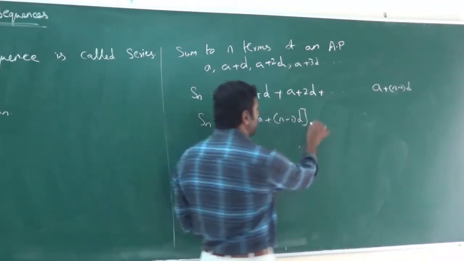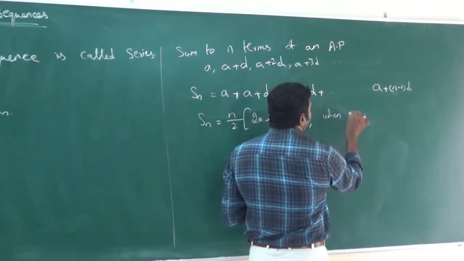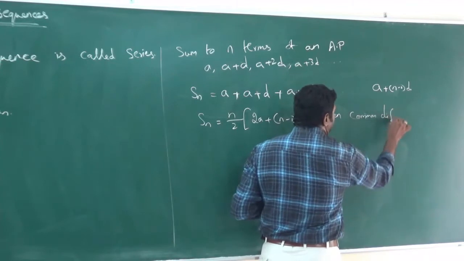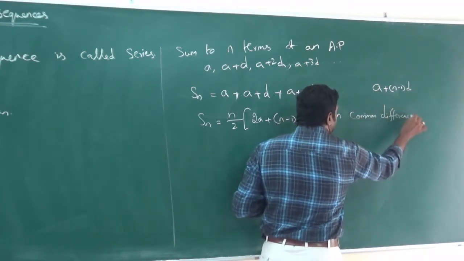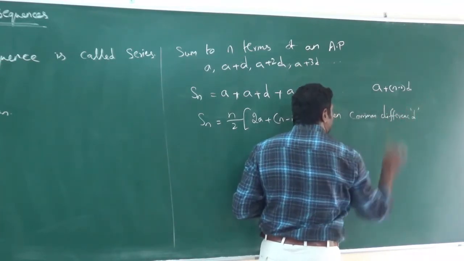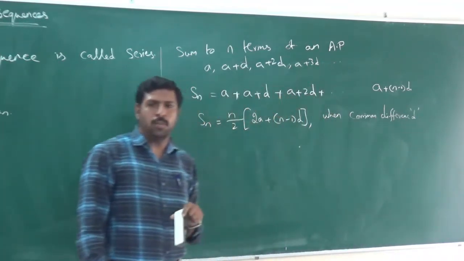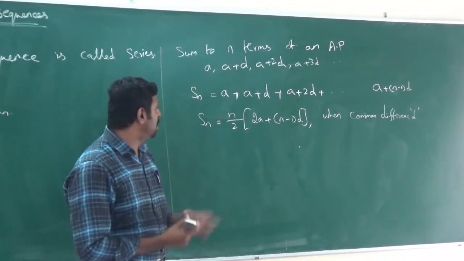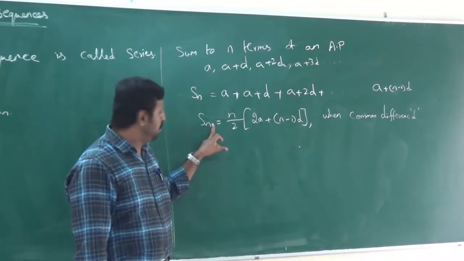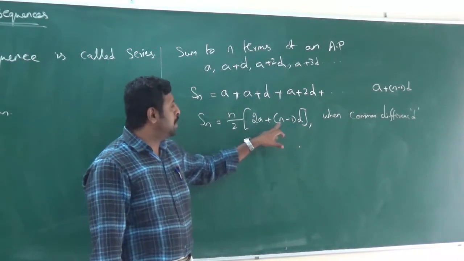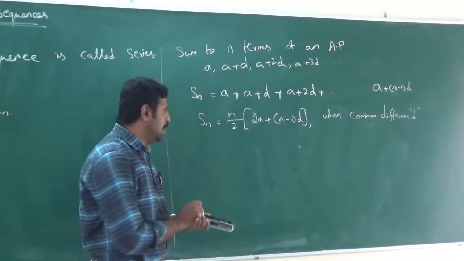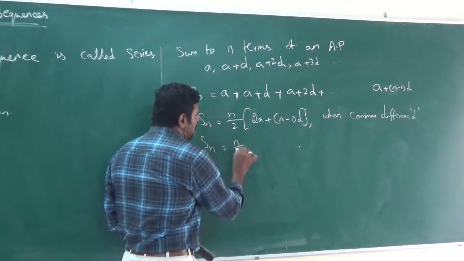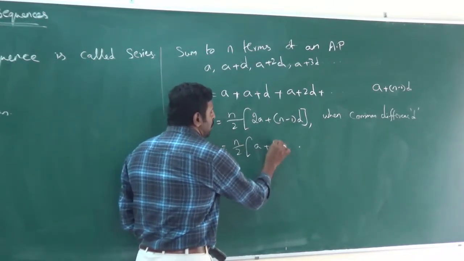When the common difference d is known, we use this formula, Sn, the sum of the n terms, n divided by 2 into 2a plus n minus 1 into d. And then the other formula is Sn is equal to n divided by 2 into a plus l.